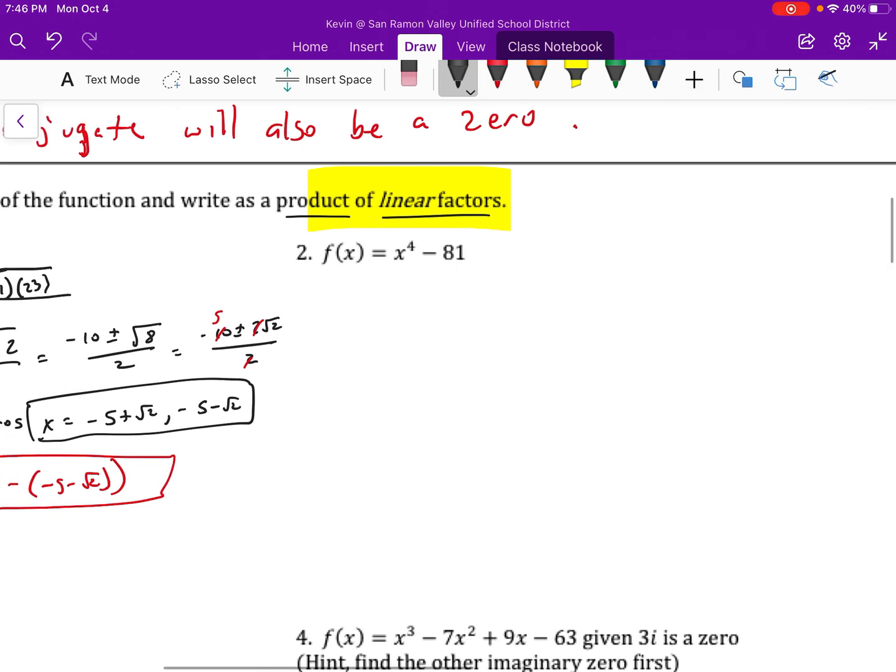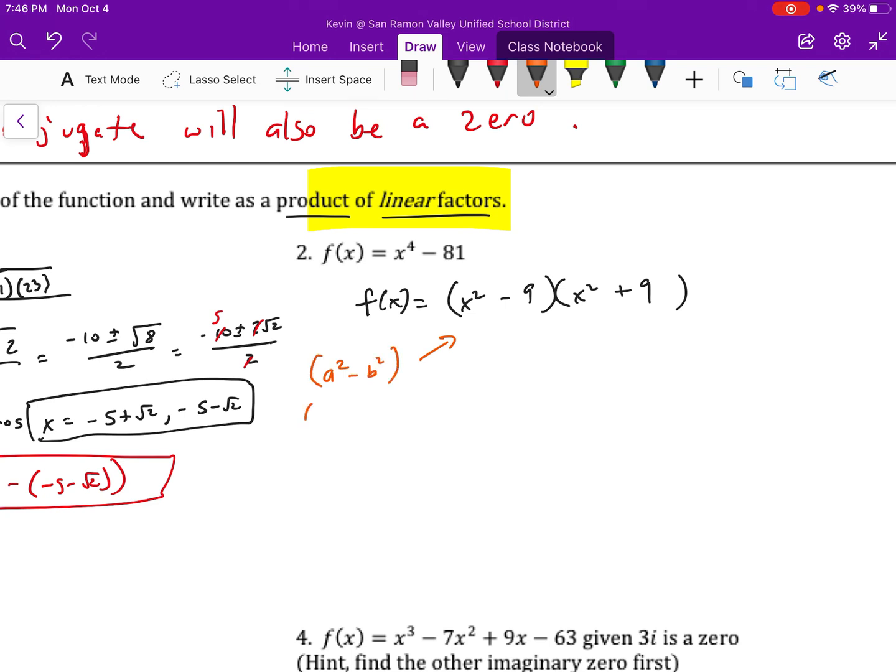Same thing, we need to factor this out. We have f of x equals x to the 4th minus 81, so x squared minus 9 times x squared plus 9. Here this would be like our a squared minus b squared.